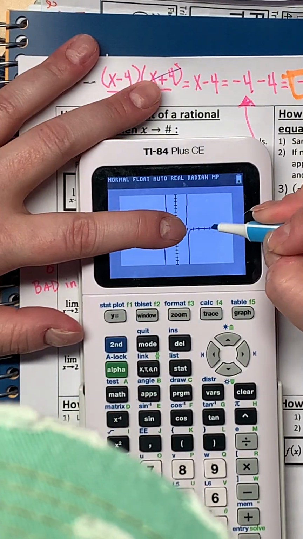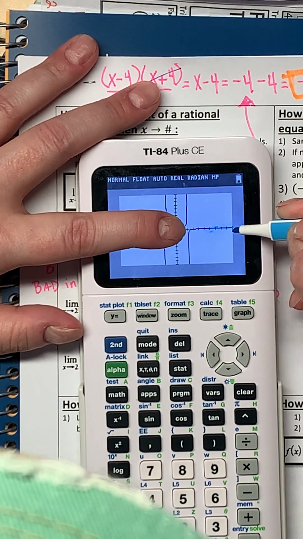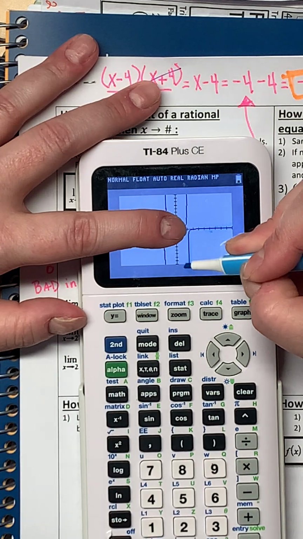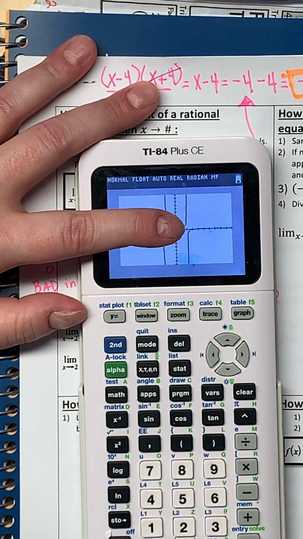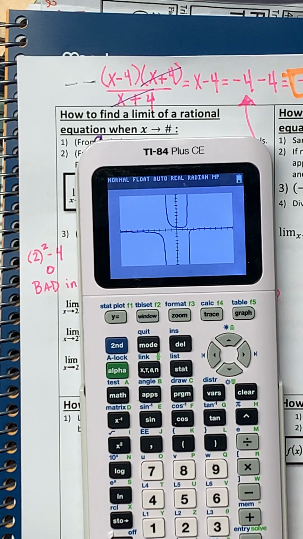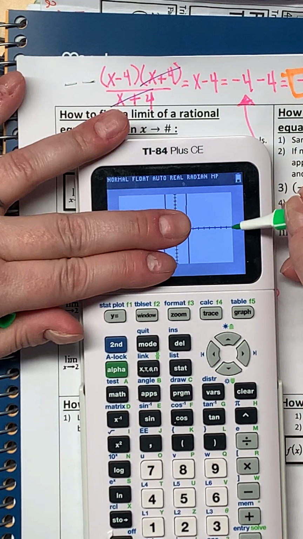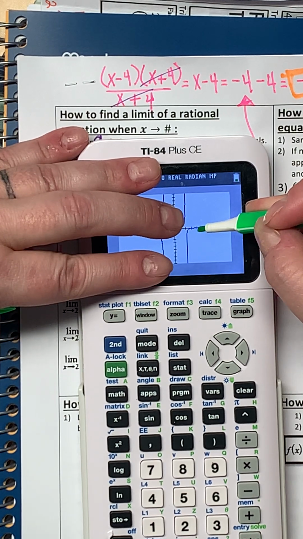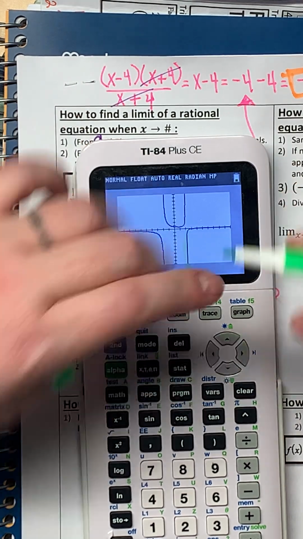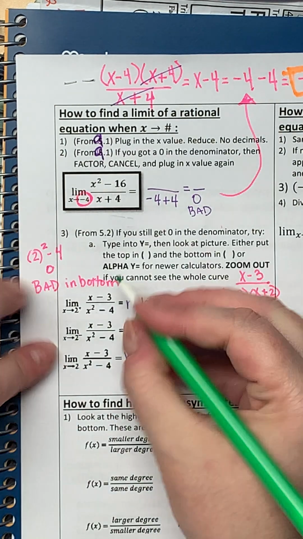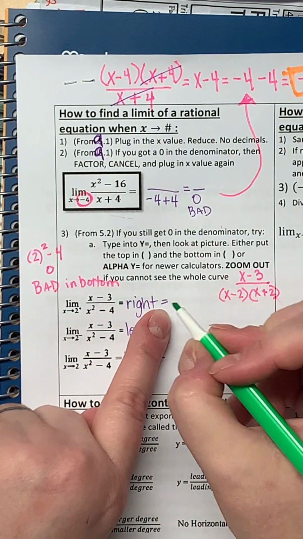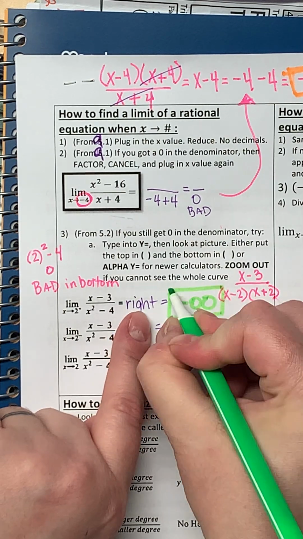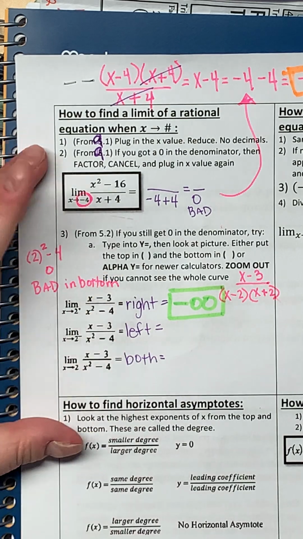As I come in on this curve and I get closer and closer to the x value of 2, my graph goes all the way down to negative infinity. So we'll go over that again. As you come in from the right and get closer and closer to x equals 2, you go all the way down. So the limit as x approaches 2 from the right is all the way down, or negative infinity. Okay, let's look at from the left.